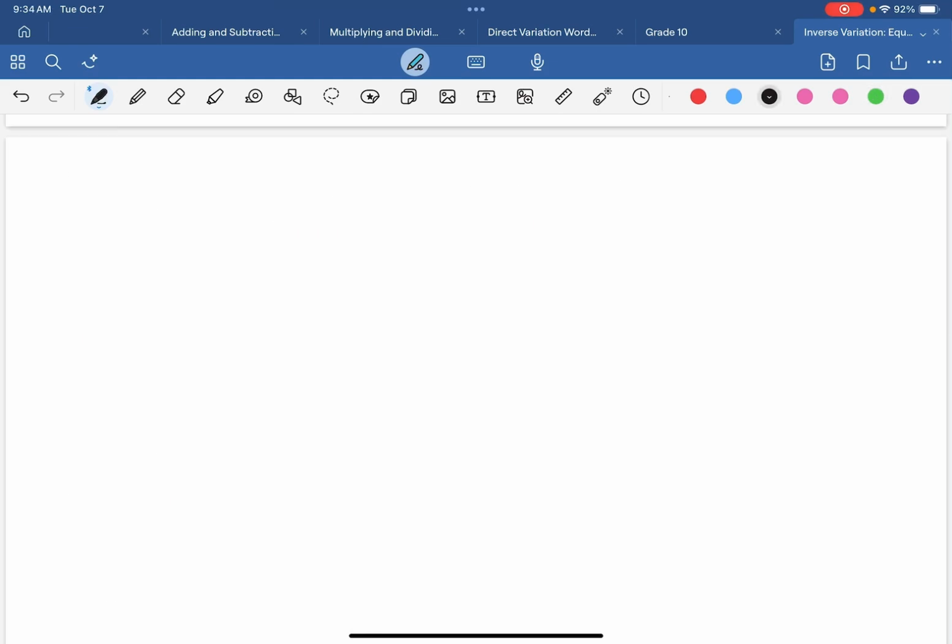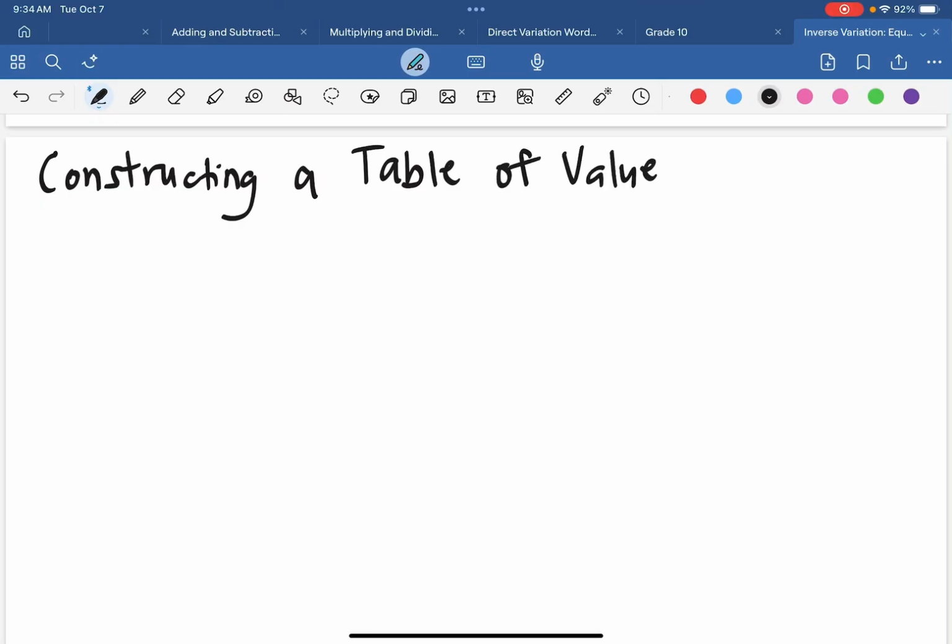Now, if you are to construct a table of values, so constructing a table of values. If our equation here is y equals 12 over x, let's create a table first.